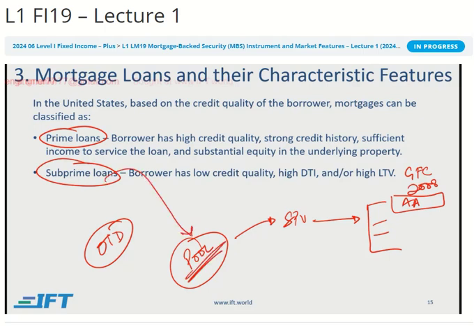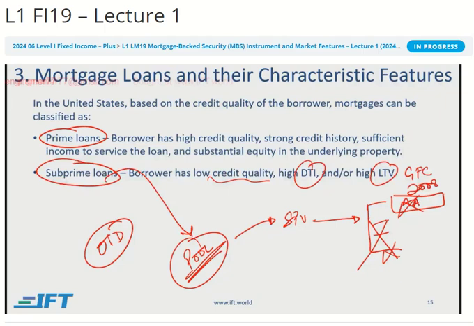It was all subprime loans with such bad credit quality and high debt to income and high loan to value that once the default started, all the junior tranches and the equity tranche, the residual tranche, were all gone, and even the senior tranches faced serious amounts of losses.